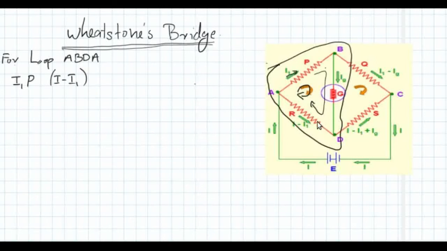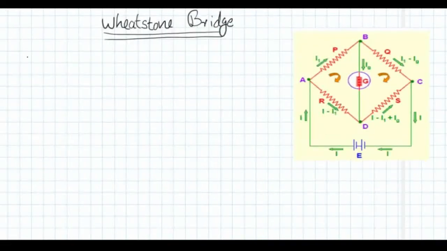plus I minus I1 into R, R is the resistance, and I minus I1 is the current through R. Now for the loop ABDA, we may write the Kirchhoff's loop rule.